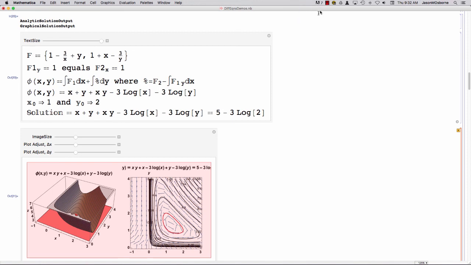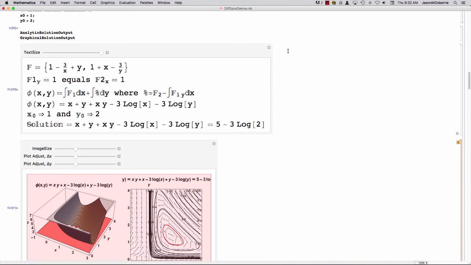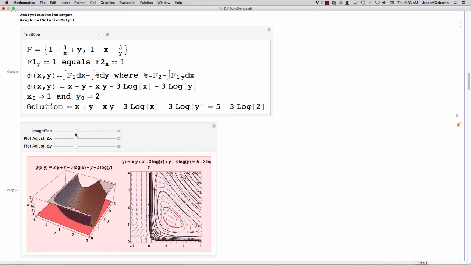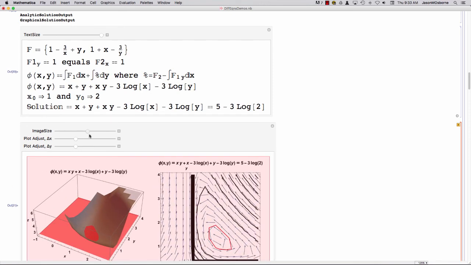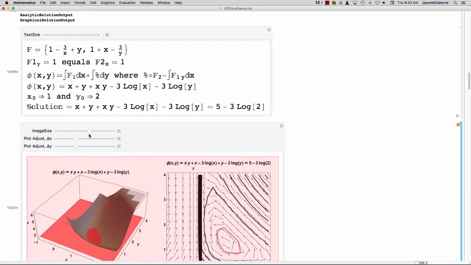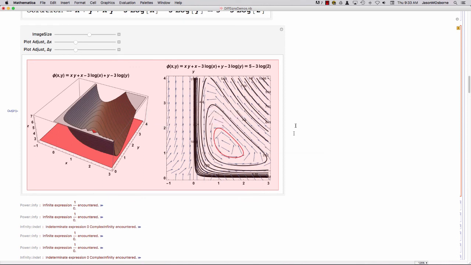So that'd be the end of this exact differential equations video, and there's some issues here because of the plotting near 0. We have to be careful with logarithm of 0, but here you can see our solution following the contours, and here are a bunch of other solutions through different initial conditions.